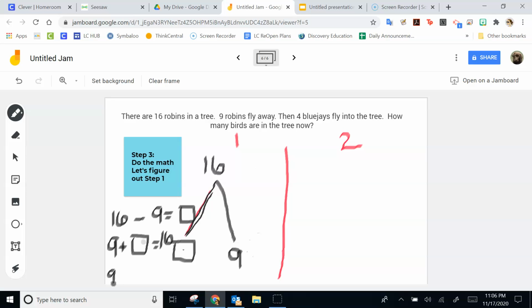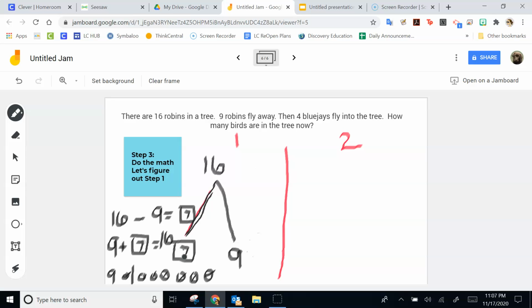I have 9, and I'm going to count up to 16. 10, I always draw a line at 10, 11, 12, 13, 14, 15, 16. All right, let's count how many I have. 1, 2, 3, 4, 5, 6, 7. So now I know that 7 robins stayed in the tree.